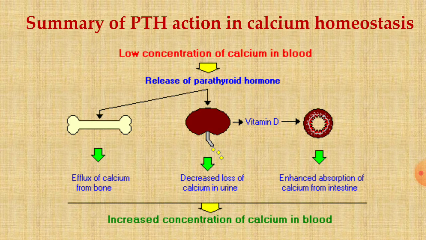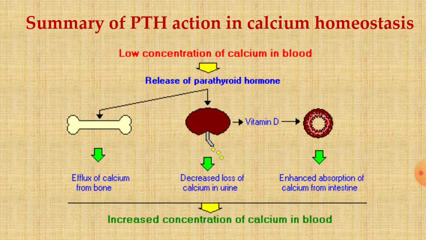So we know that under the influence of parathyroid hormone, three different target organs are modulated for the maintenance of calcium homeostasis. They are bone, kidney and gastrointestinal tract. From the bone there occurs efflux of calcium ions by osteocytic osteolysis as well as osteoclastic bone resorption.